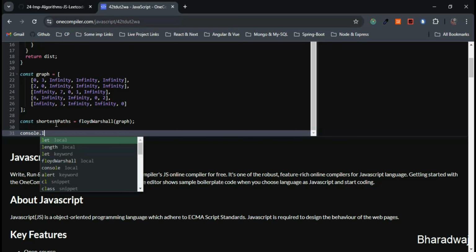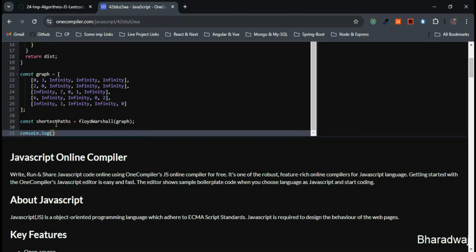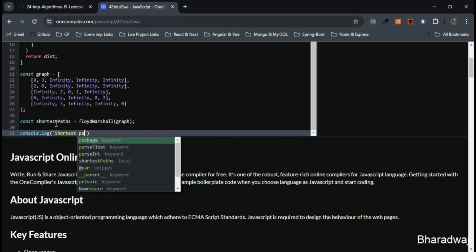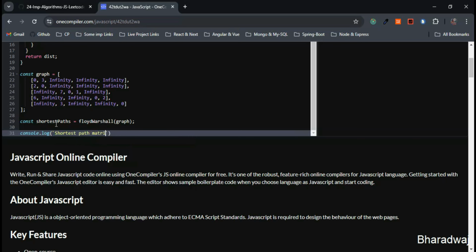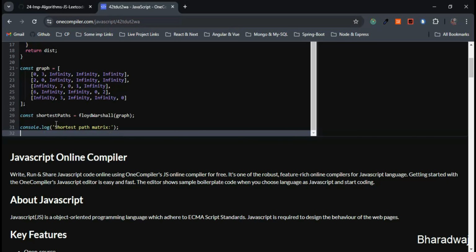So for that, I'll be making use of console log here. Let me make use of backticks here. Shortest path matrix. Actually, I can simply use a single inverted comma instead of backtick here, since we're not making use of template literals, right? So here I can give shortest paths.